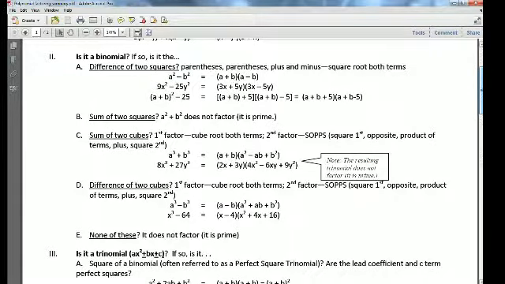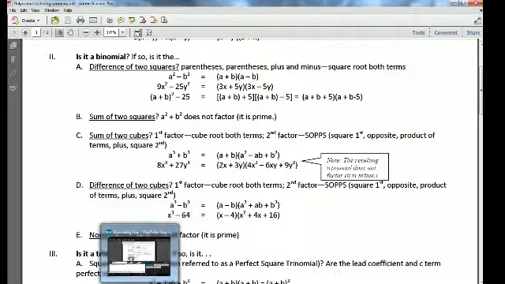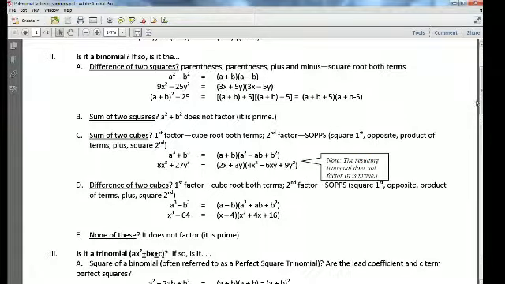On this sheet, it breaks it into greatest common factor, but then, we haven't gone over difference of squares, is the equation a binomial? These are the methods you can use. If there's only two terms, those are the methods you can use, and we'll go over those next week.